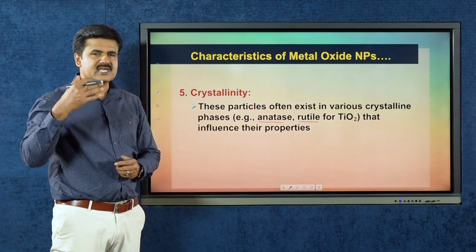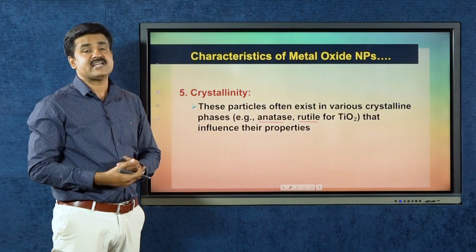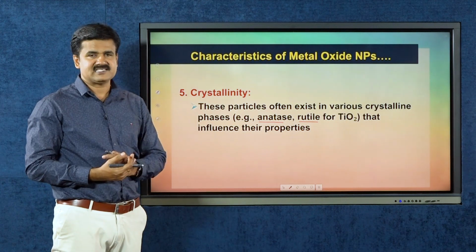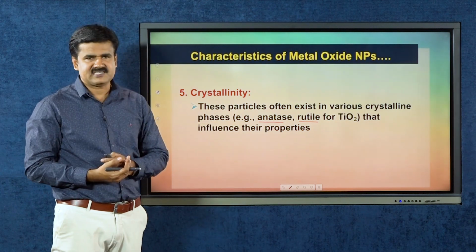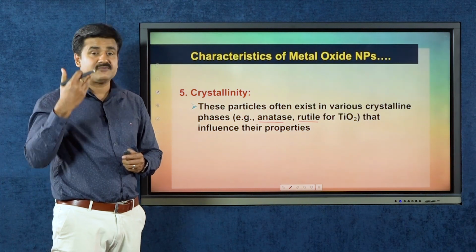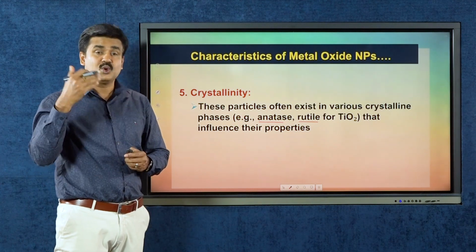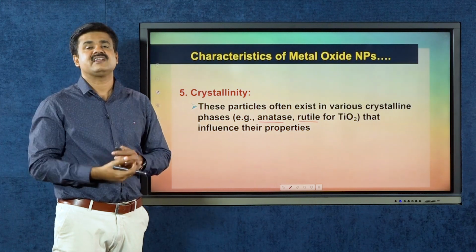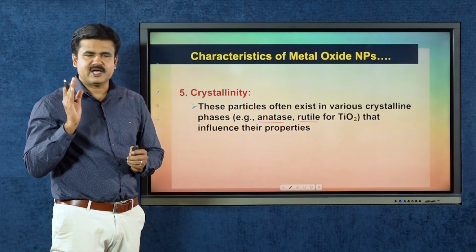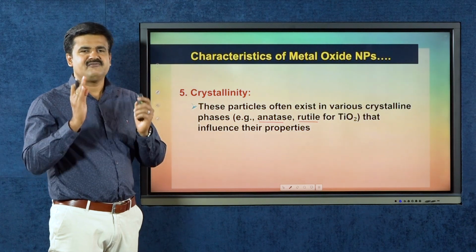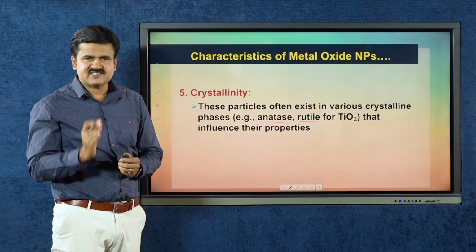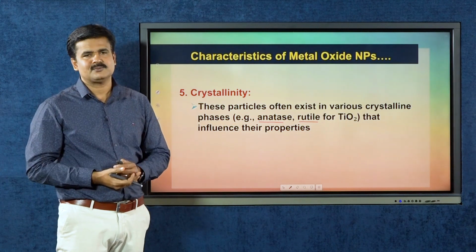That is, you can prepare titanium dioxide nanoparticle, it crystallizes in either anatase phase or in rutile phase. And this crystalline phase also has strong influence on their physical and chemical properties. So, most of the metal oxide nanoparticles exhibit well-defined crystallinity and they have distinct crystalline phases also.